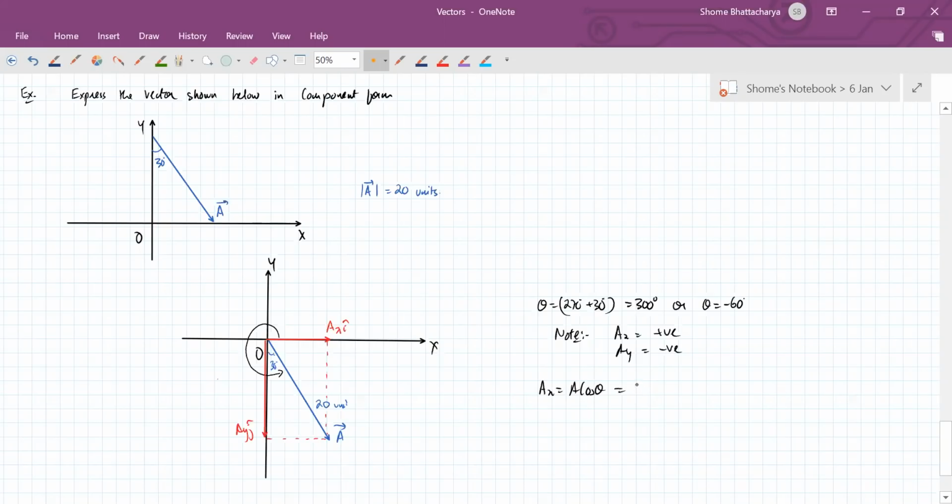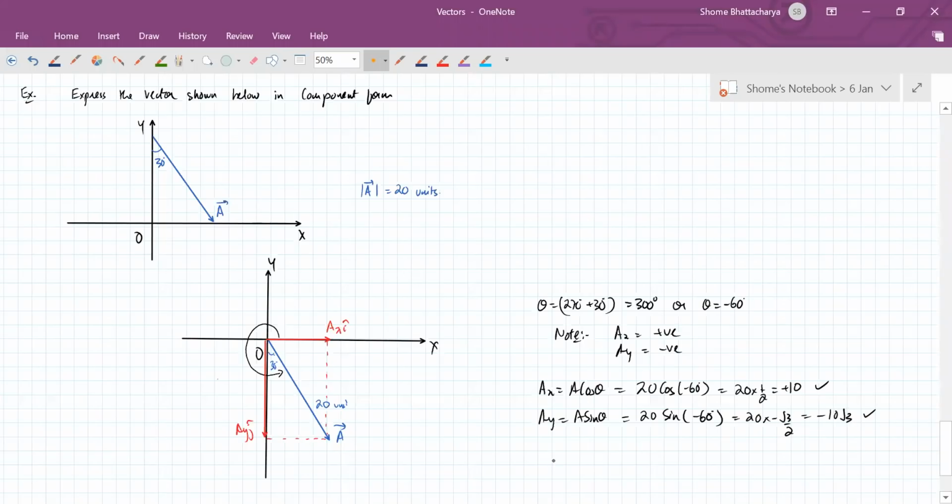In this case, this becomes 20 units into cos of minus 60 degrees, which is 20 into half. So it is 10. As expected, it's a positive quantity. Whereas ay is A sine theta. In this case, it is 20 into sine of minus 60 degrees, so it becomes 20 into minus root 3 by 2. So it becomes minus 10 root 3. Again, as expected, it's a negative quantity.